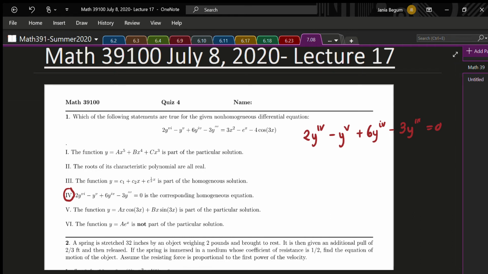So what will be the corresponding characteristic polynomial? What do you guys have? Okay, you guys are quiet today. Let's start talking.